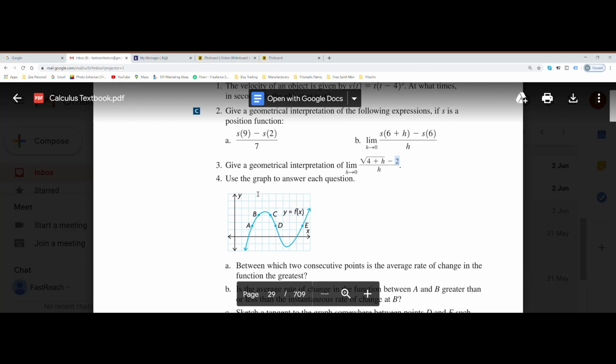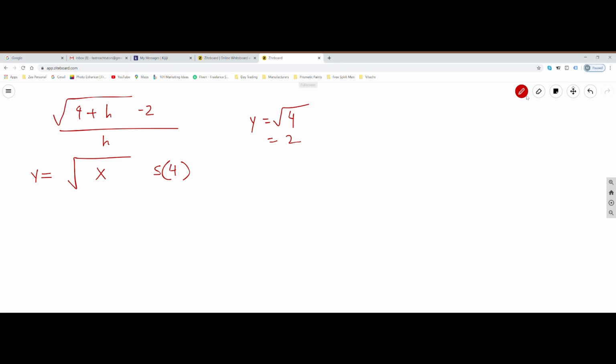So here, use the graph to answer each of the questions.